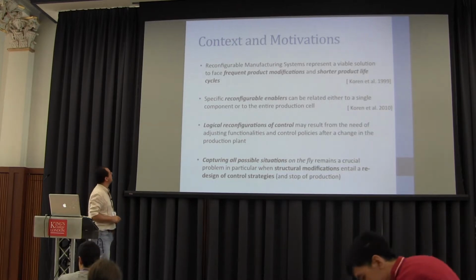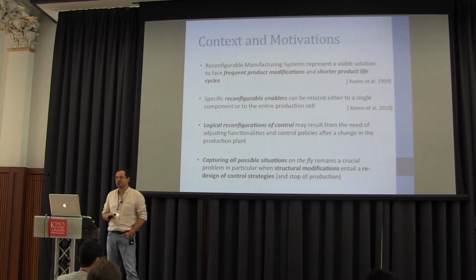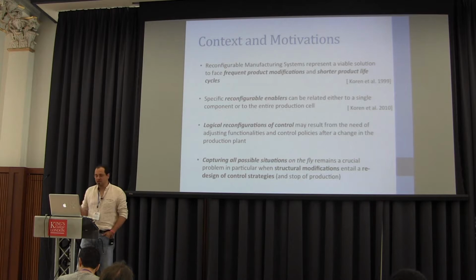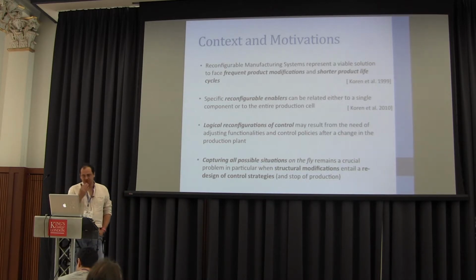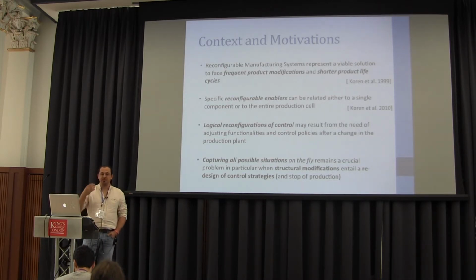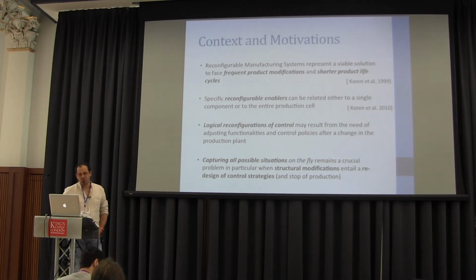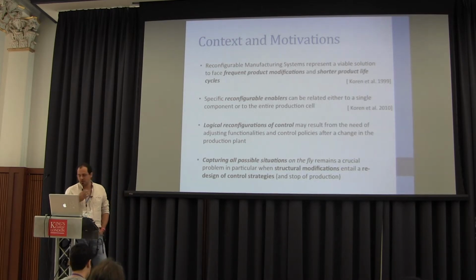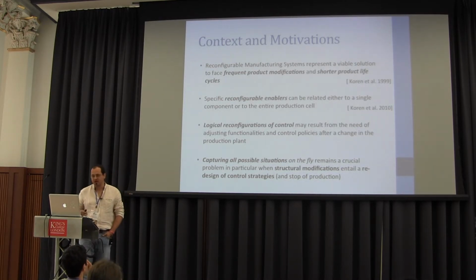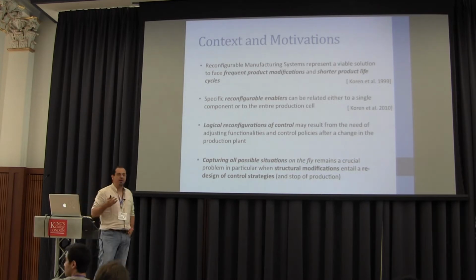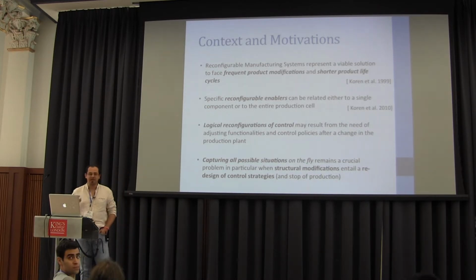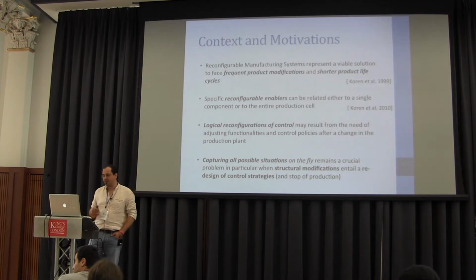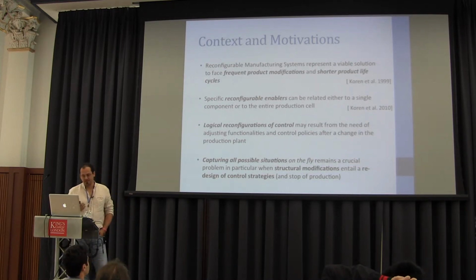Basically, reconfigurable manufacturing systems are currently the suitable solution for facing modern manufacturing, in which we often have frequent product modifications or shorter product life cycles that require manufacturing systems to be very adaptive, very reactive, and able to minimize production stoppage.